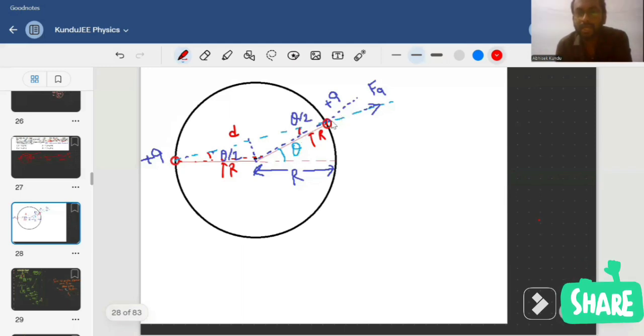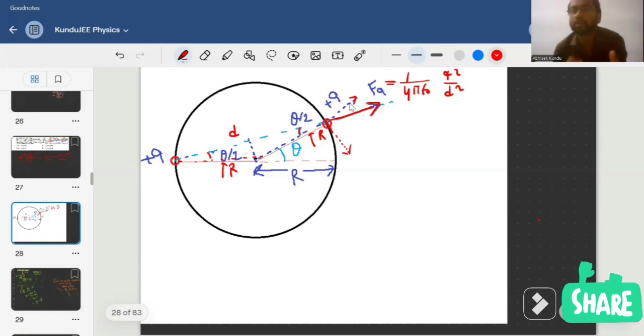FQ is directed along this line joining these two charges, plus Q and plus Q, so it will be like this, outward. This electrostatic force, 1 by 4 pi epsilon naught Q square by D square, is not entirely radial. It has one component in the tangential direction, and another component radially outward, which will not cause the oscillation.